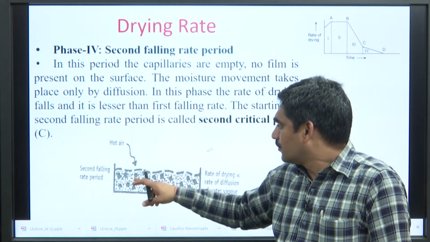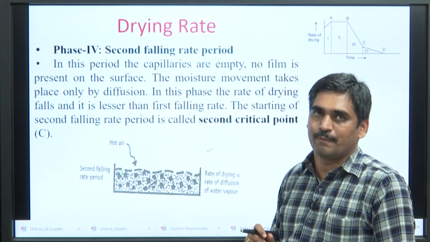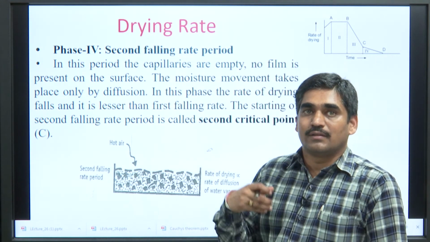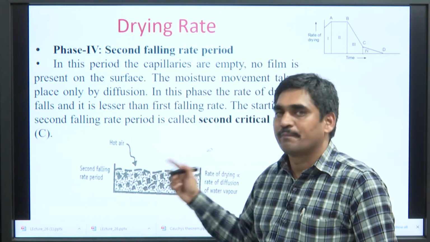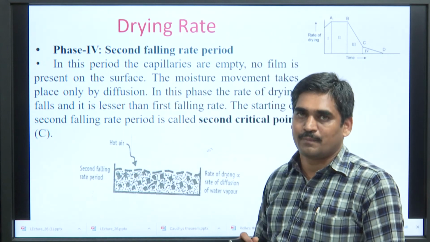So, no moisture is coming over here to form a film, or the capillaries are empty. So, no film is present on the surface.